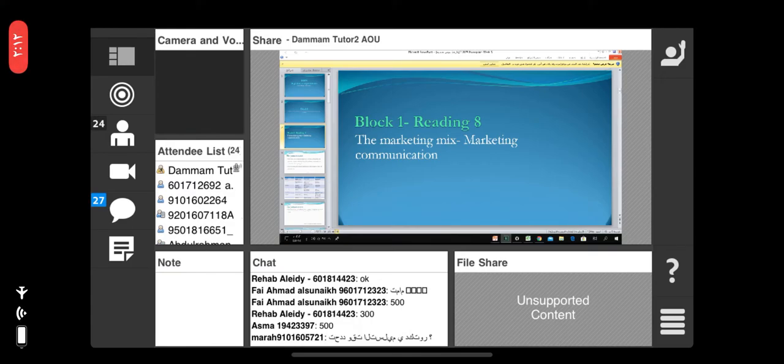You need to be careful, you need to put citation, reference. Okay, you need to use Harvard referencing style. Okay guys.